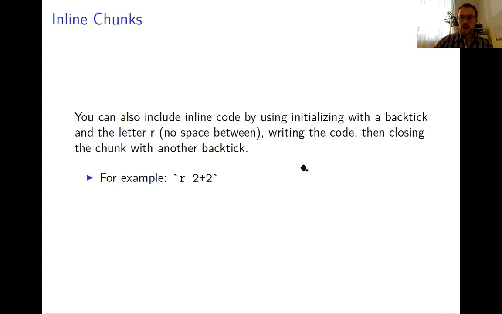You can also write inline code. This is, instead of having a separate code chunk, you can just embed the R code directly inside your text, and you do this by writing just a single backtick followed by the programming language. Here this is going to be R followed by your R code.